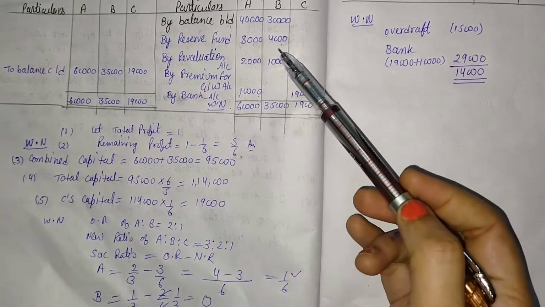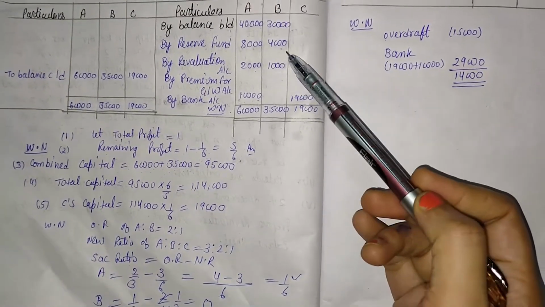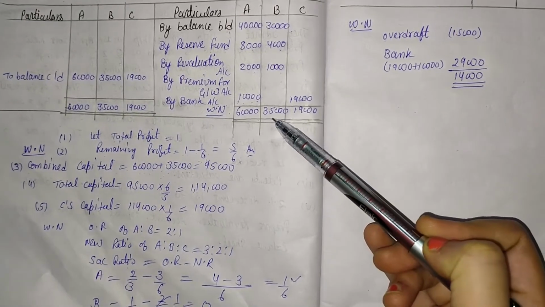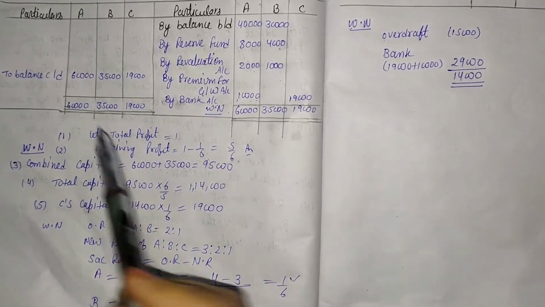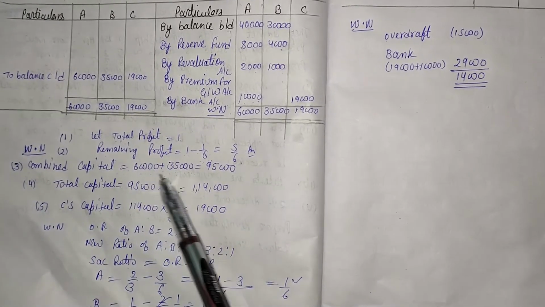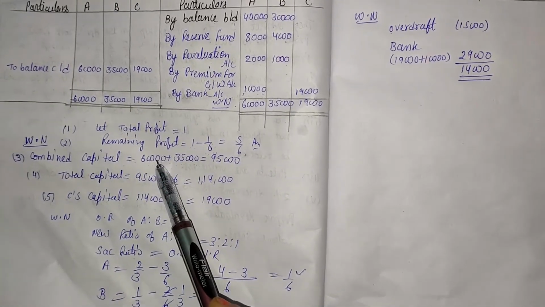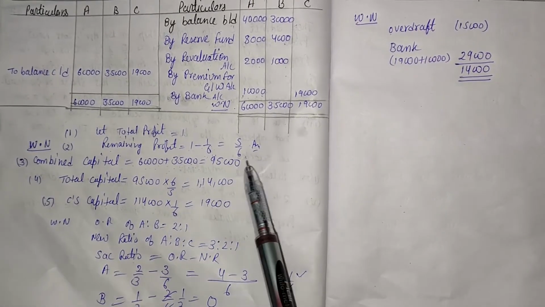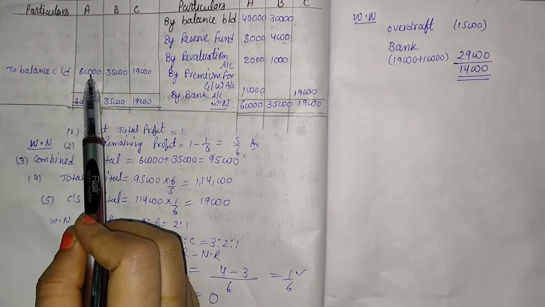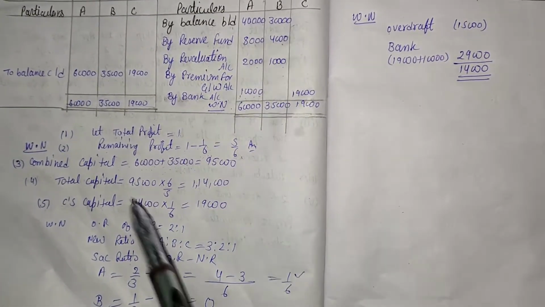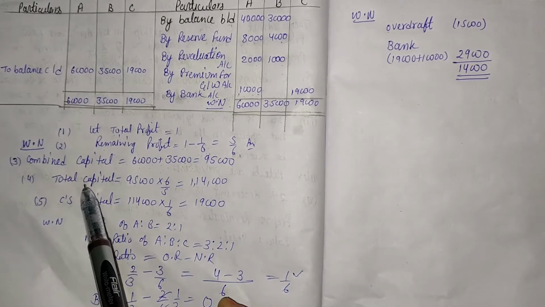Same as B: 30,000 plus 3,000 plus 1,000, that is 35,000. So the balance c/d is 35,000. Here the combined capital is 60,000 plus 35,000. Total is 95,000. That is the sum of c/d balances, not the sum of b/d balances. Then the next step is total capital.